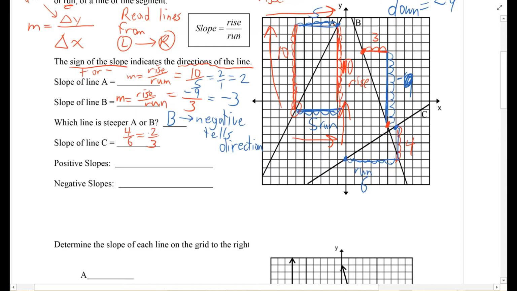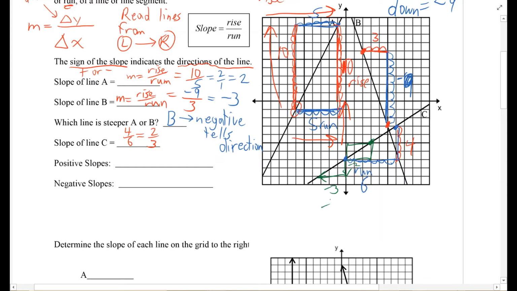Okay. So just to note, you can find other places here on the grid. You could use this line and get 2/3, up 2 over 3, or even go backwards, but you'd still get two negatives, which would be a positive. So this would be -2 and -3 if you counted backwards, going down and left.